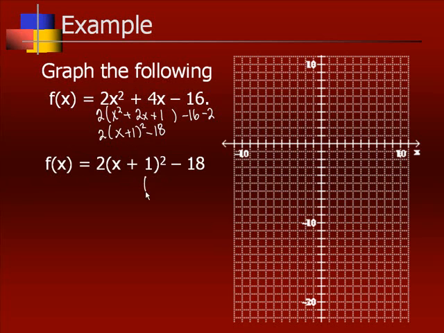We know that the vertex is (negative 1, negative 18), back 1, down 18. And we know that the graph is a little bit skinnier than a regular parabola. So right now, to sketch it by hand, all we care is that it opens upward, and we'll just leave it at that.